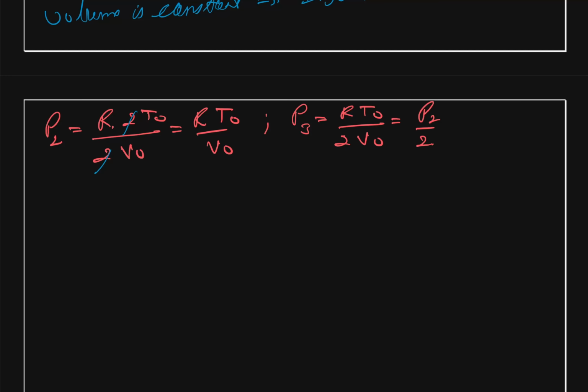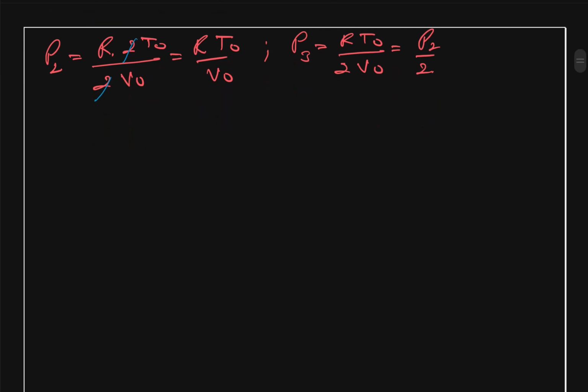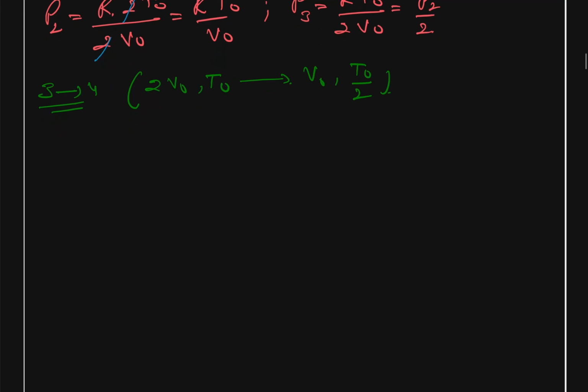And let's come to 3 to 4. In 3 to 4 we have twice V0, T0, and it goes to V0 and T0 divided by 2. So pressure at 3, that is P3, is equal to R T0 over twice V0. Pressure at 4, that is P4, is equal to R T0 by 2 over V0.